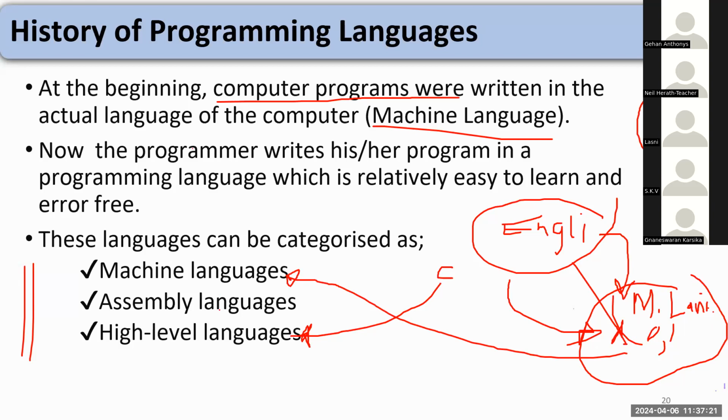And there is assembly language, which is relevant to this translation, because the user can understand it. Here we are writing in English, in the C language, which is called a high-level language, and it is converted to machine language, the zeros and ones, by using assembly language.